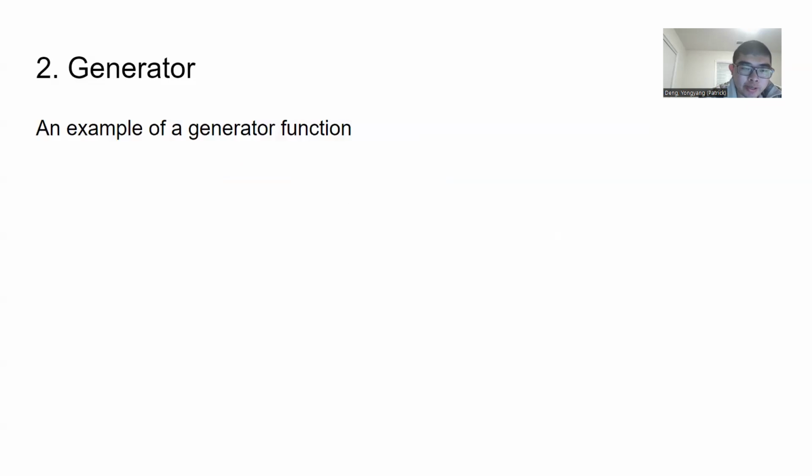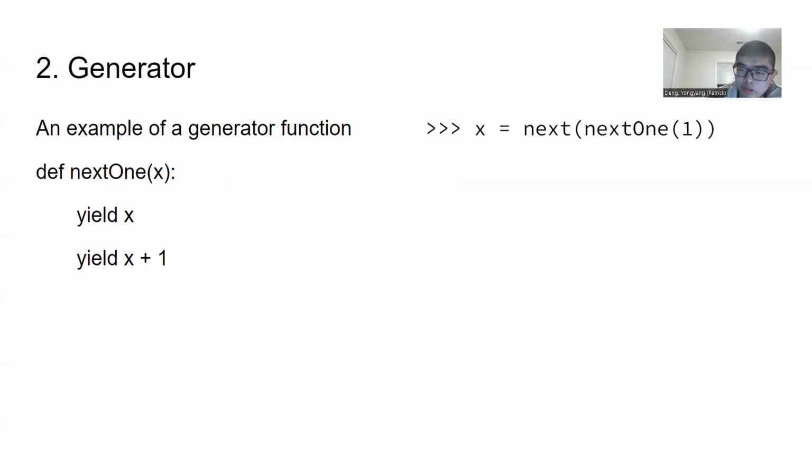For an example of a generator function, we usually use a keyword called yield. Suppose we define next_one, which yields x, and then x plus one. next_one is a generator function, and I put one inside.